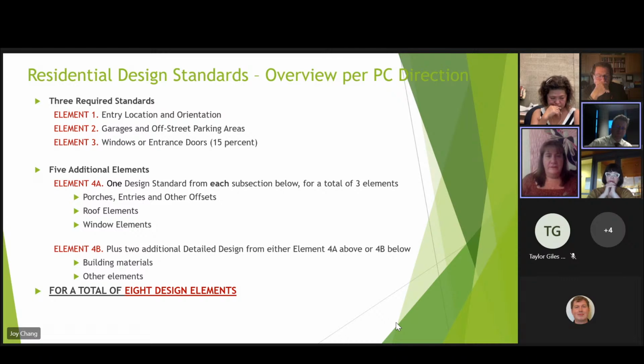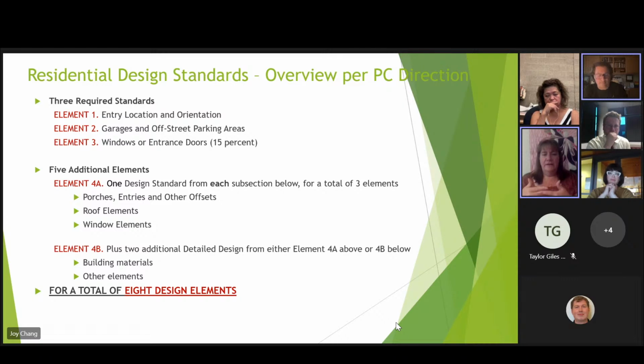So we found, and this is part of the open house, we did a visual preference survey online, and that showed that people cared about windows, people cared about entry location, and the big thing is people cared about not having snout houses. People don't like it when the garage is the focal point of the house.